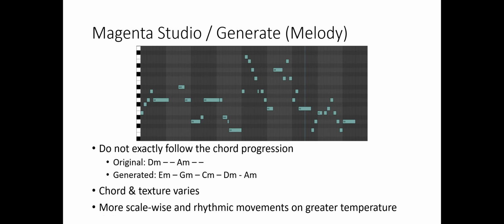Here's an output example for melody generation. As we can see, the chords change from the original MIDI I fed in. Also, the texture changes here, with more scale-wise and rhythmic movements at greater temperature.